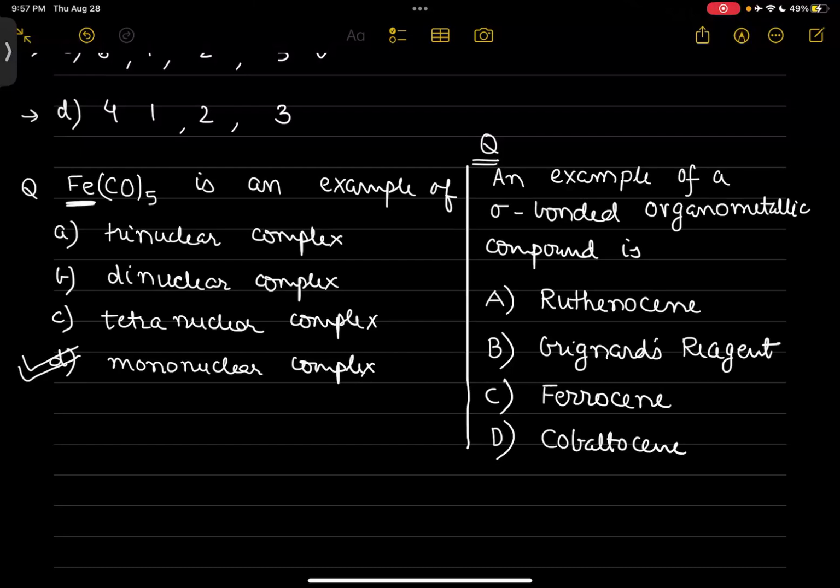There are three names which are exactly the same type of organometallic compound, and one organometallic compound different from the other three.